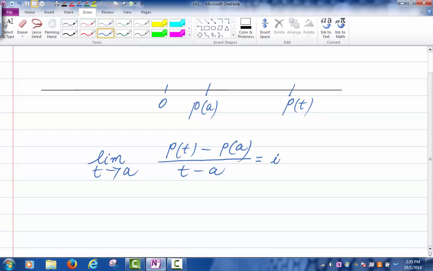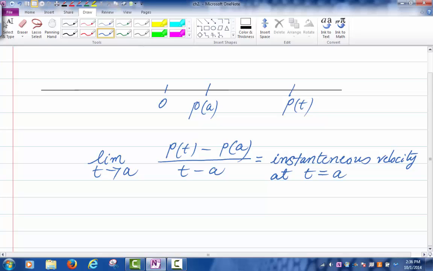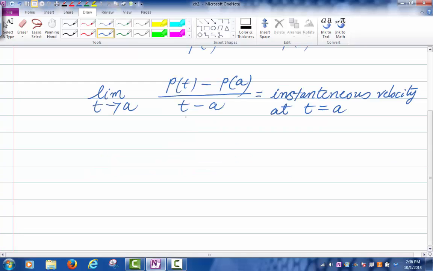So this is the instantaneous velocity at time A. So what are we doing to find the instantaneous velocity? We look at the average velocity and we take the limit, right? So this quantity that I have here, what is that?